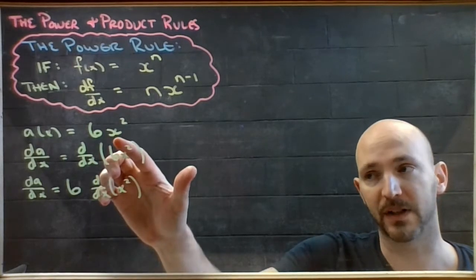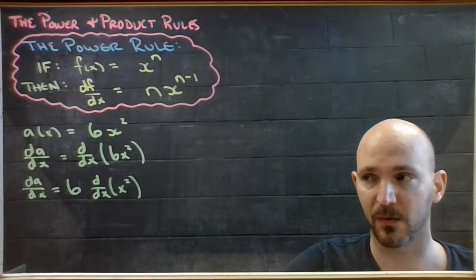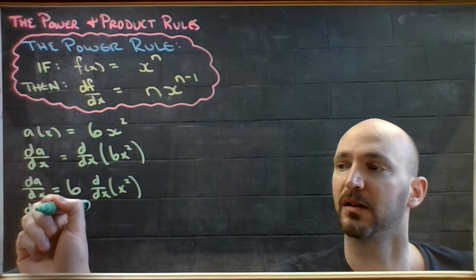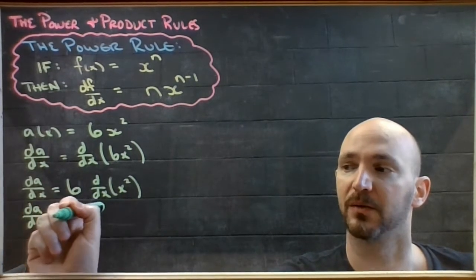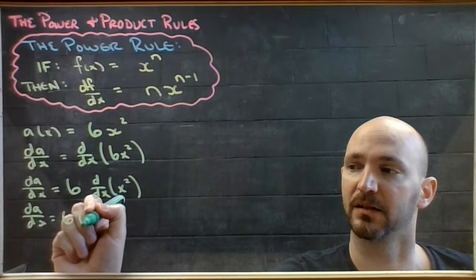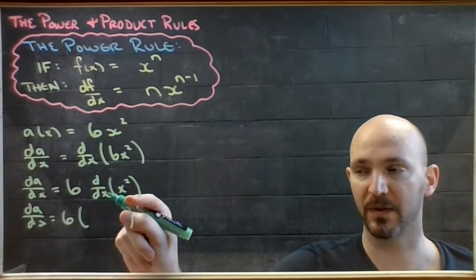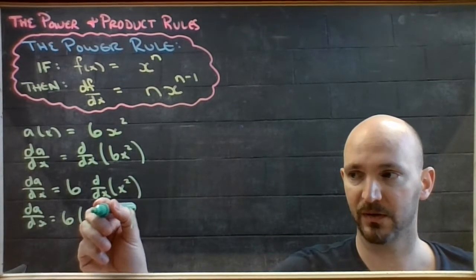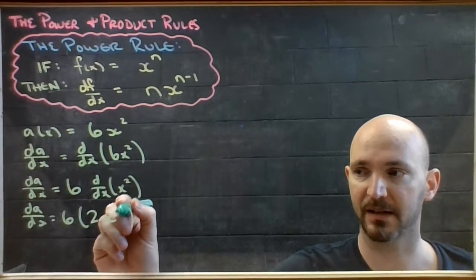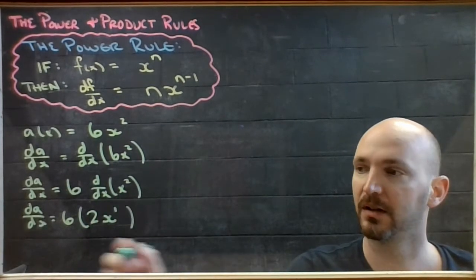So I already know that the derivative of x squared is going to follow the power rule. So I've got 6 here. The derivative of x squared, you take the 2, you write it in front, keep the x, reduce the exponent by 1.